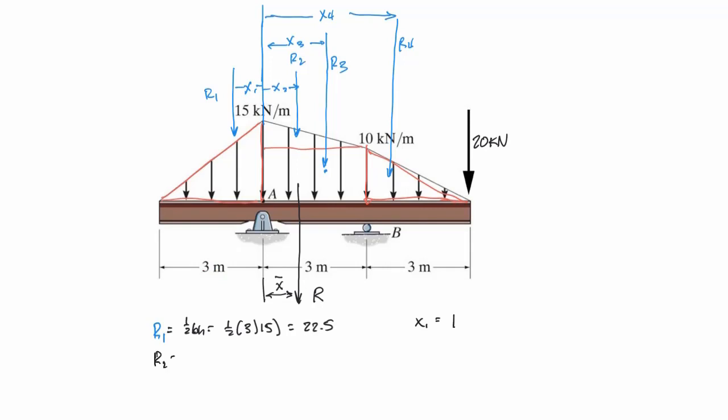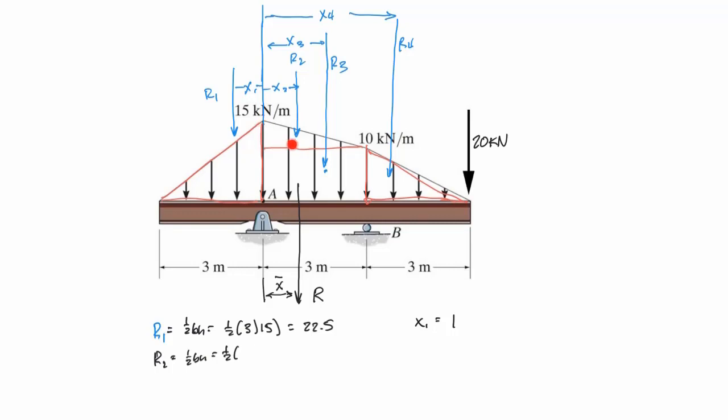R2 is also a triangle load, so that's going to be 1/2 BH. Again, the base is 3. Here's something to note. This height right here is 10. This is 15, so the triangle part of it is just that 5.